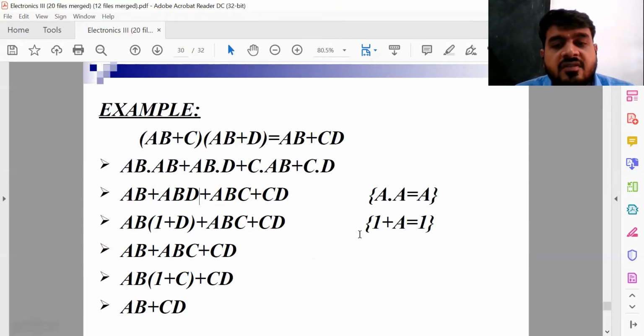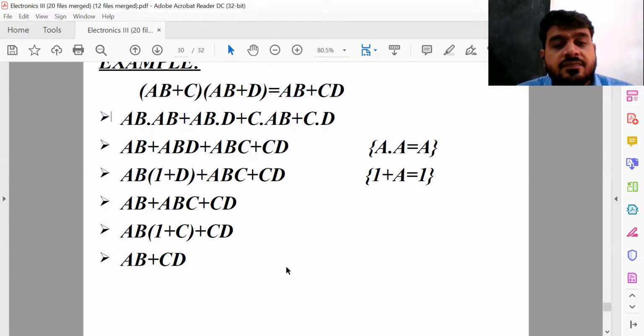So 1 plus C, again I'll apply the formula 1 plus A is equal to 1. So I'll get 1. So it will be AB plus CD. Can I take anything common now? No, both are different terms, so I cannot apply this. This is my final answer, and hence I prove that LHS is equal to RHS.